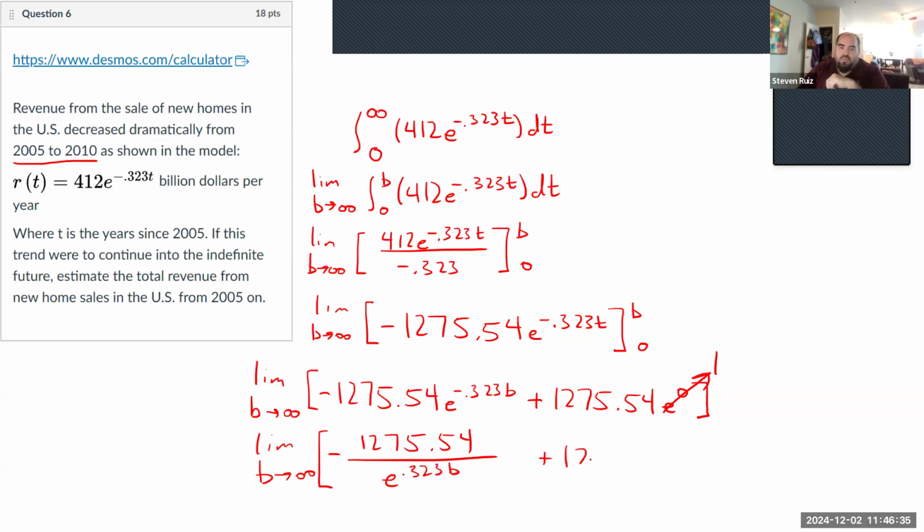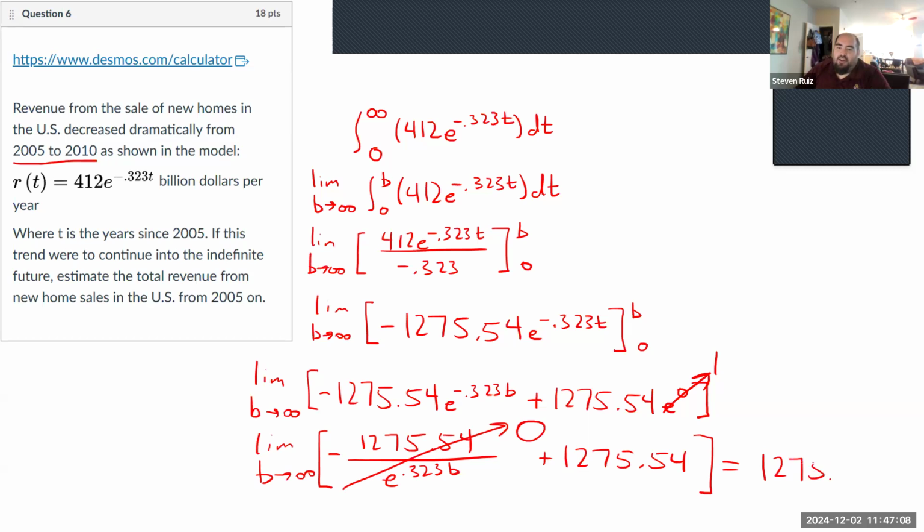And then this I'm just going to write as 1275.54. What's going to happen to this denominator as b gets really, really large? This denominator is going to get very, very big. The numerator is not going to change. So this term on the left is going to trend closer and closer to 0.